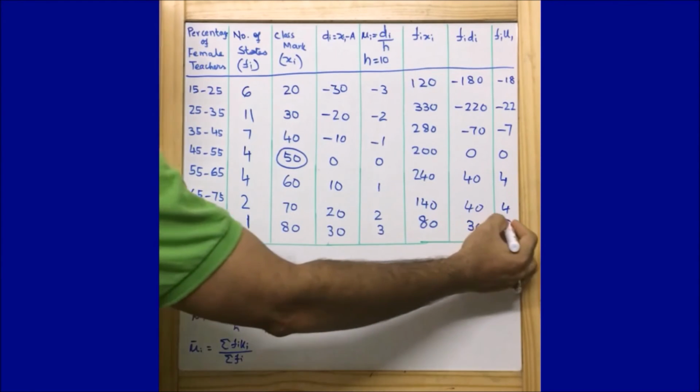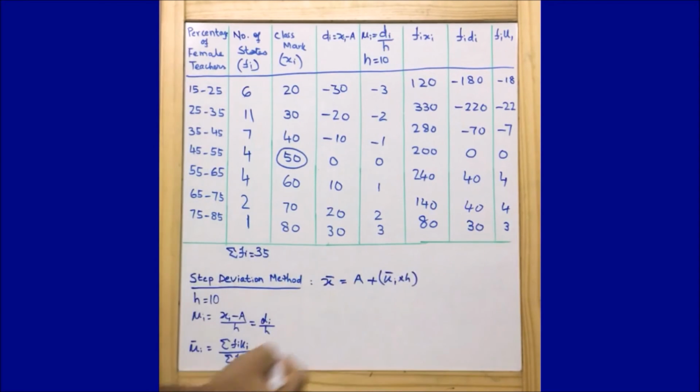And 3 ones are 3. So you could see that we are able to find out fi ui, and very easily we determined fi ui.